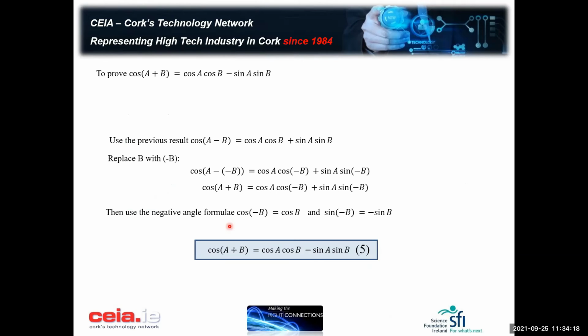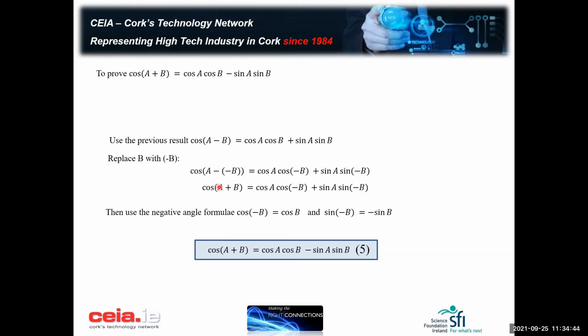Okay, now the other three compound angle formulas. The first one, we're looking for the positive version, the sum angle instead of the difference angle. And you can see that to get this formula, we just replace the minus B by plus B, or equivalently replacing B by minus B in the original formula.